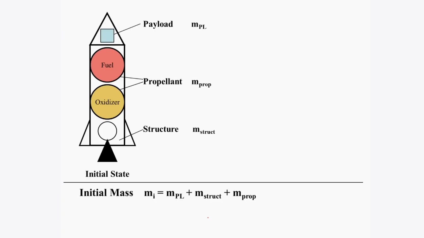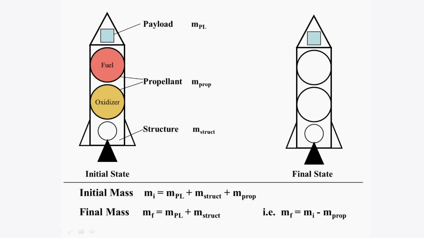All right, so let's take the rocket on the launch pad, and we showed the initial mass. Now we're in free space, we look at the rocket, and what's the difference? It still has its payload, still has its structure, but the propellant tanks are empty.